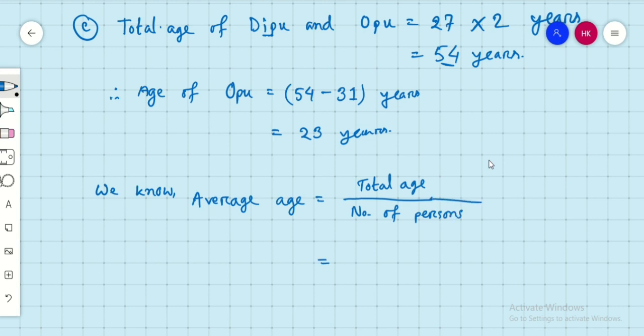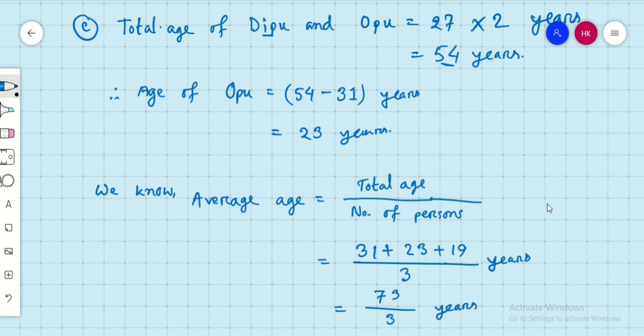All right, so total age of them all, that means Deepu plus Opu plus Tipu. Deepu's age is 31, Opu's age is 23, and Tipu's age is 19, right? So if we add all these 3 divided by 3, this is their average age. So average age is 73 divided by 3 years.